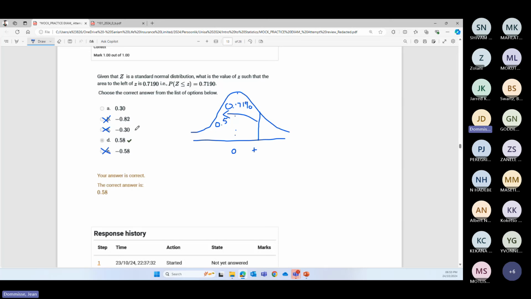Then I would have looked at this and say, okay, there's a negative, that's also positive, but okay, that's the only two that's left, so nothing that could help me now with a guess between those two. So we will need to go to the Z table. We can go to the positive table and look for 0.7190.